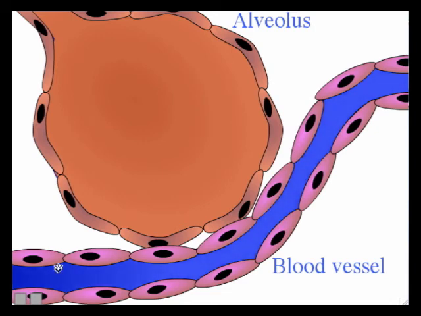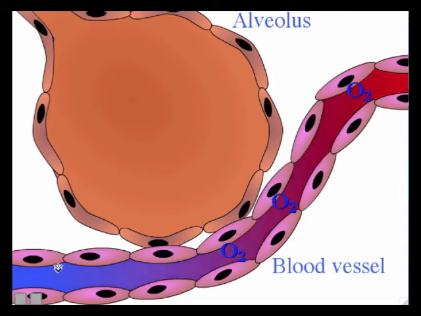And so given how thin that is, it's very easy for the gases to diffuse between the blood in the capillaries and the air inside the alveoli. So here's some oxygen. When you inspire, it passes very easily through those just two layers of cells and then off into the blood. And here's the carbon dioxide. Where's the carbon dioxide? Oh, this just shows that there was that color change, of course, as the blood gets oxygen, it becomes red colored.